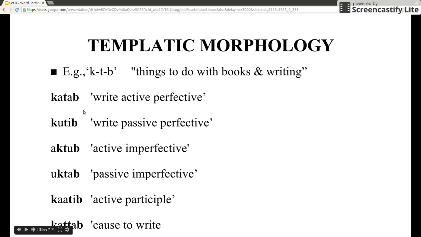And the meaning of the form is determined by the consonant template, sometimes called the consonant tiers. Okay, so this morphology is very different from affixation. We didn't add morphemes to the beginning or to the end of a stem. Instead, we interlace a stem. We interlace the morpheme of the root and the affixation.